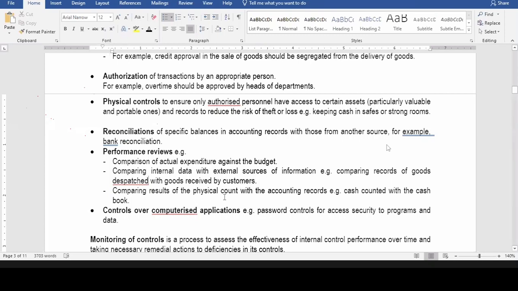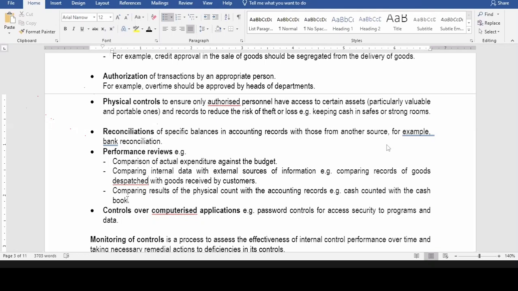Comparing the results of physical count with accounting records, like cash counted with the cash records. Every day before you leave, somebody has to go through the receipts, get how much money has been receipted, and reconcile with the cash in the safe or the cash banked, or both.